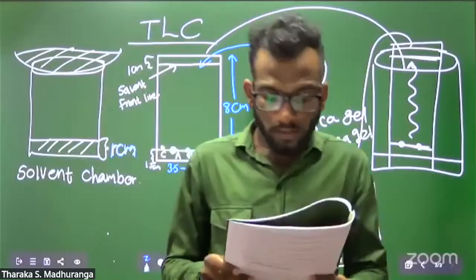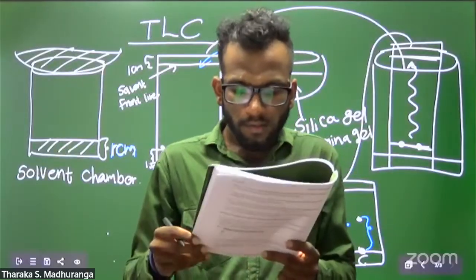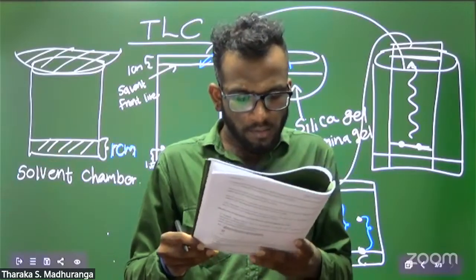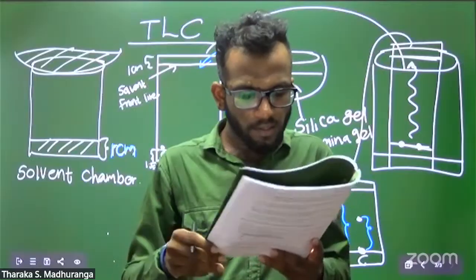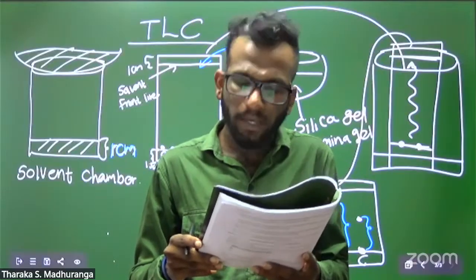Okay, go to the steps. In thin layer chromatography, the stationary phase I will explain later. Mix about 5 grams of silica gel with water and make a paste.